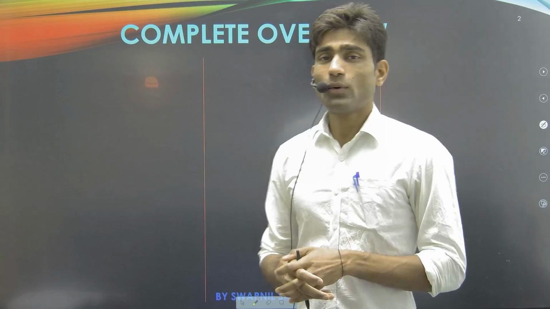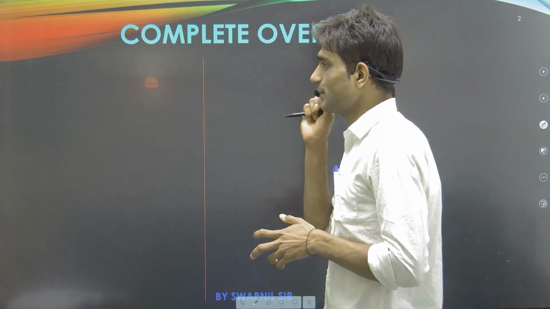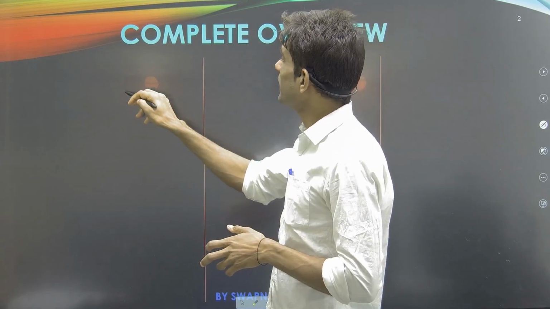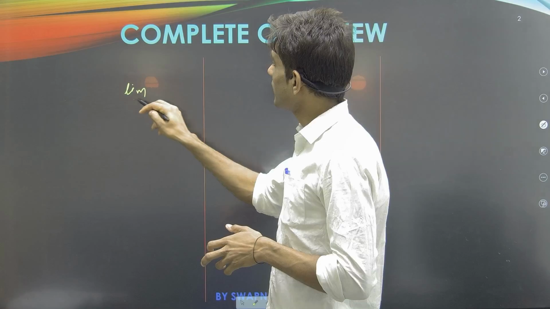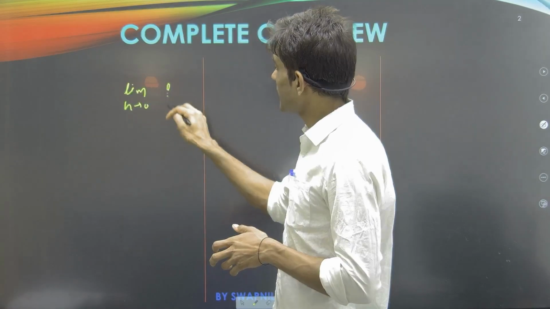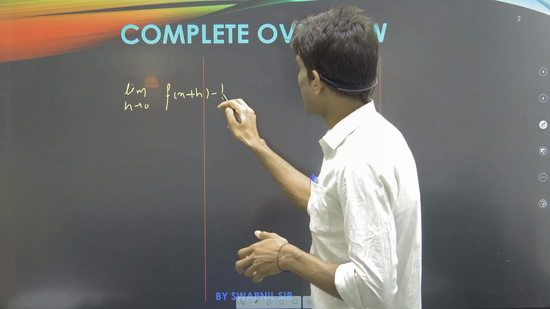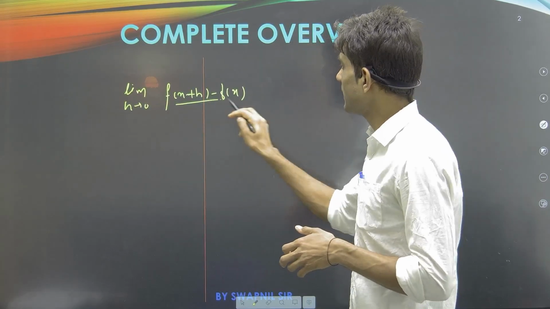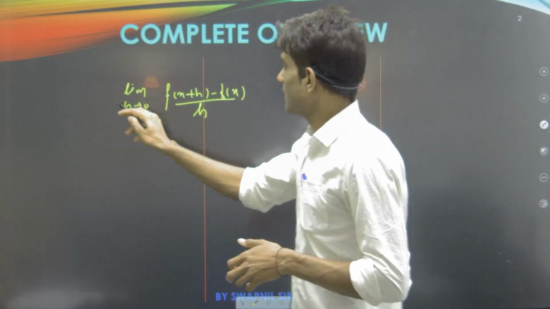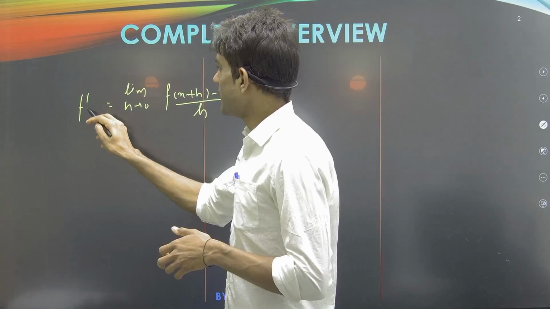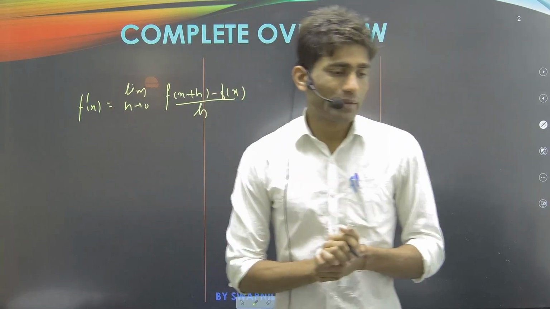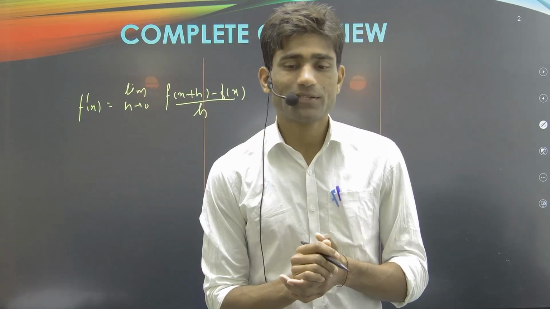So, what does the first principle say? When we have the limit as h tends to 0 of f of x plus h minus f of x, completely divided by h, it is equal to f dash of x, which we call the first principle of differentiation.